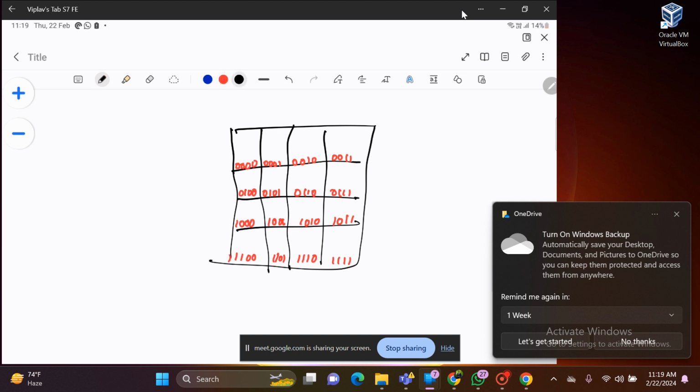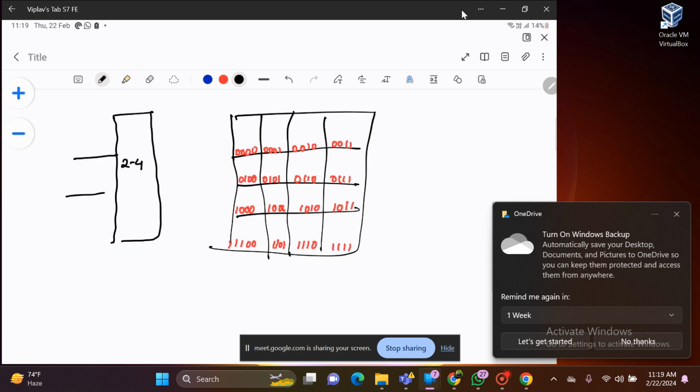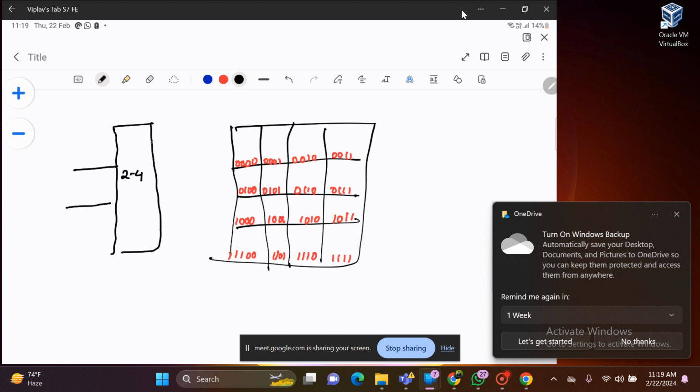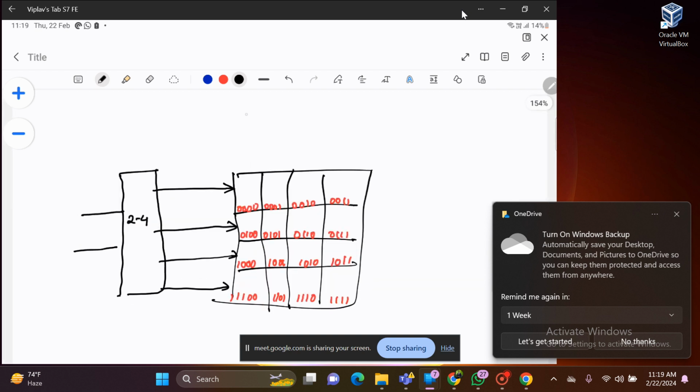Now the address decoder. The decoder is something like this, a 2 to 4 decoder, with only 2 inputs and 4 outputs going like this.